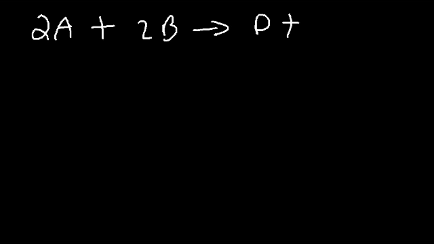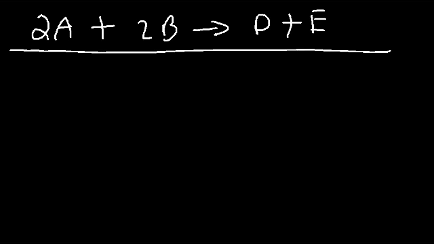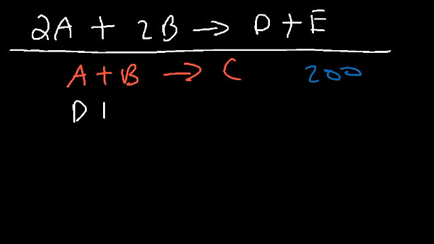Now let's say we have this equation, 2A plus 2B turns into D plus E. How can you estimate the enthalpy of this reaction if you're given the enthalpies of 2 other reactions? Let's say A plus B turns into C, and the enthalpy for that reaction is 200. And let's say we have D plus E turns into 2C, and delta H is negative 400 for that reaction.